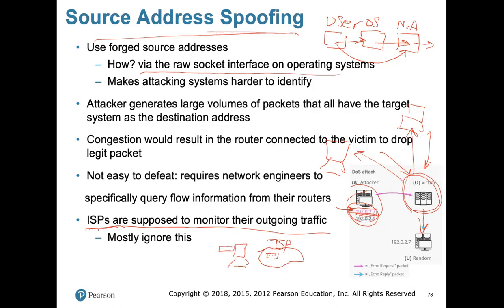And if they don't match, the packet should be blocked, not forwarded to the internet. But most ISPs just don't do this, because they say, okay, this is not my responsibility, and it takes my resources. Of course, they need to run some application to do that, and they don't want to. They just forward whatever packet they receive, and that's why DoS attacks are still doable.